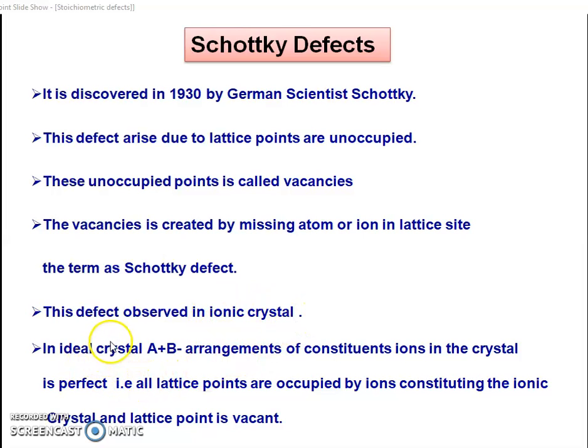For example, take an ideal crystal which contains two ions, like A plus and B minus.